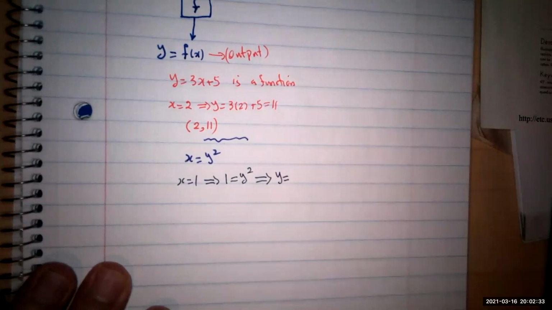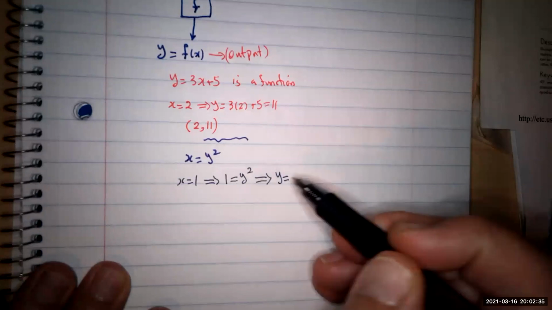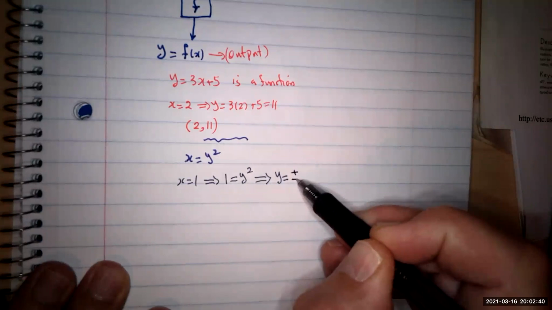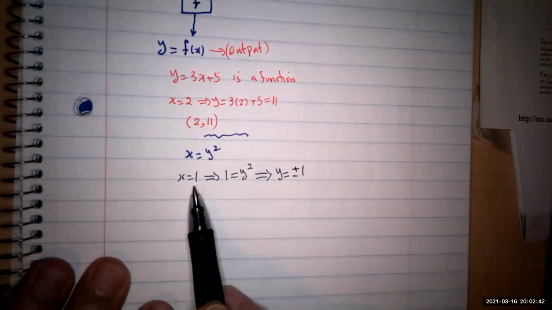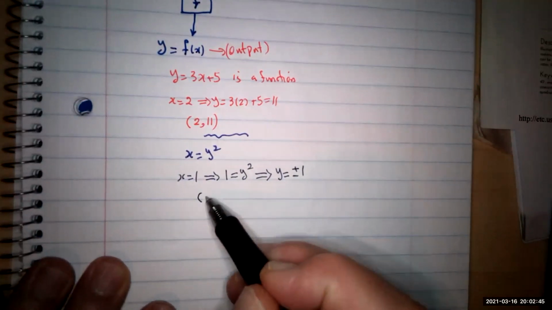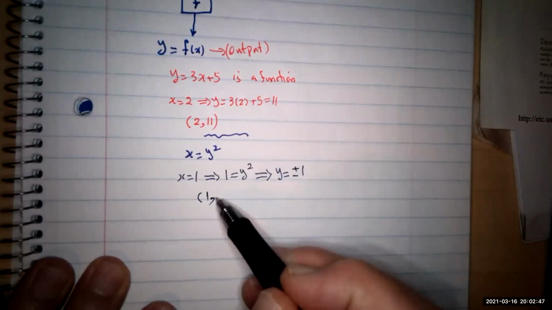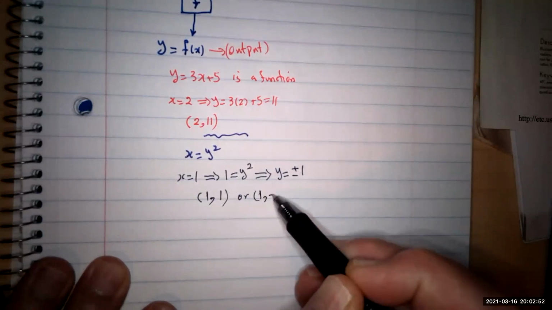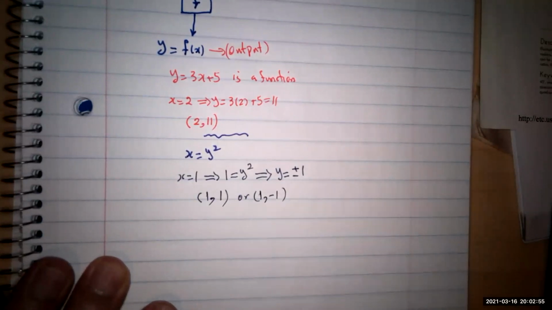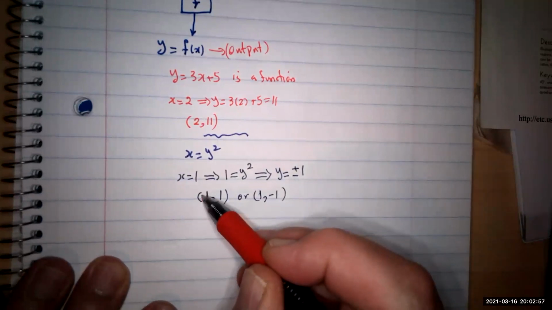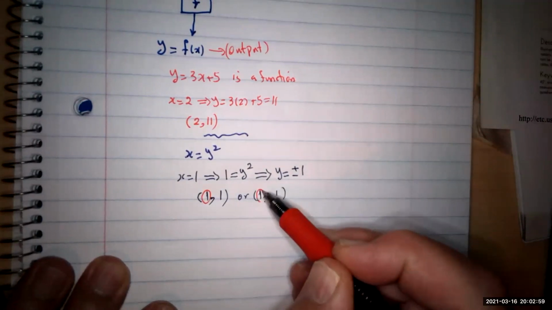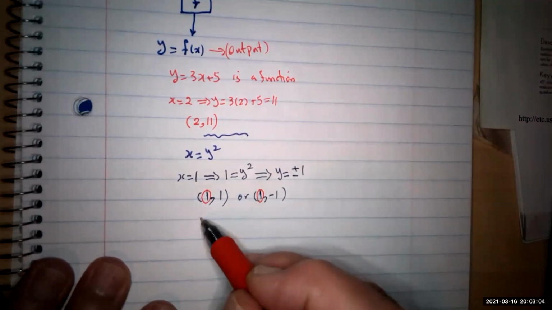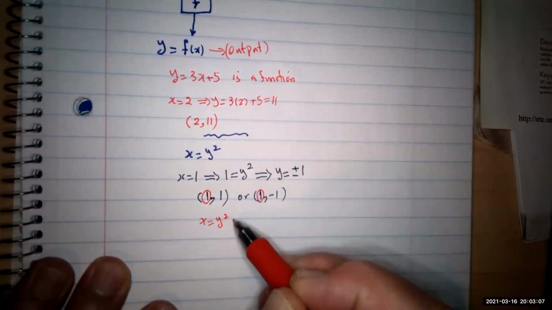Plus or minus the square root of 1, which is positive or negative 1. So in this case, you give me 1, I can have 1 and 1, or I can have 1 and negative 1. They share the first component, they share the input. So x equal to y squared is not a function.